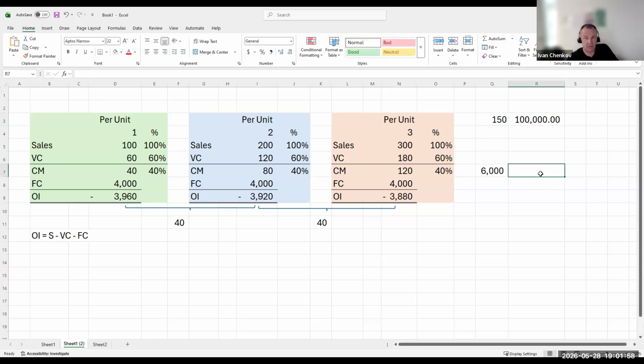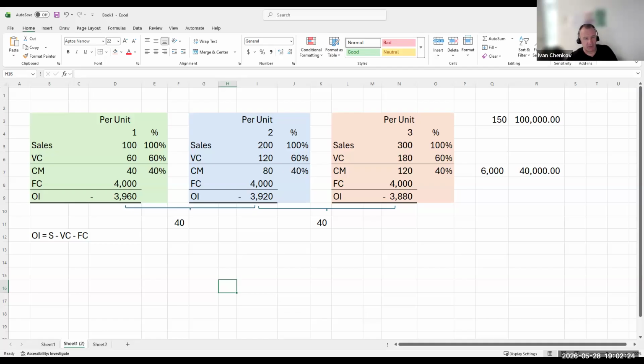So if I get 40% of the 100,000, that should be 40,000, coming directly to my contribution margin. Because the other 60,000 or 60% go for the variable cost. Now, knowing that, now we can start some calculation.